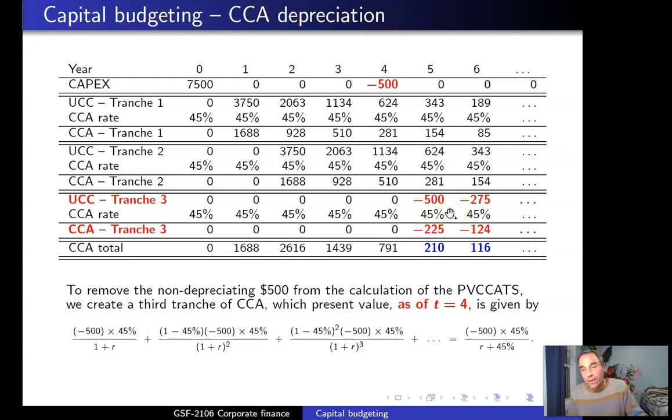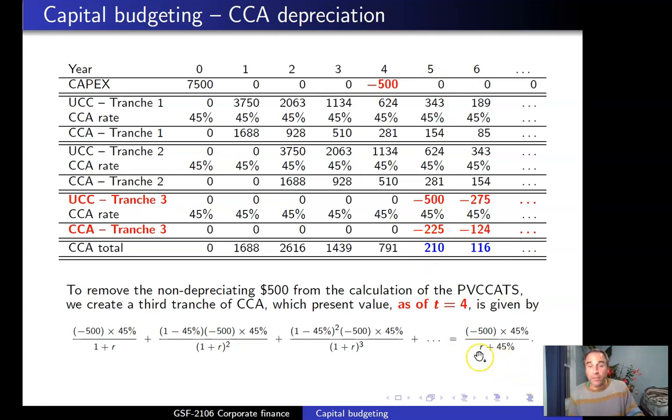It's a perpetuity with a growth rate, with a first payment of minus 500 and a growth rate of 45%. So the first payment takes place at time 5. So the present value that we calculate with the perpetuity formula gives us a present value as of time 4. So minus 500 times 45%, which is the first payment, minus 225, is the first payment received of this perpetuity as of time 5.